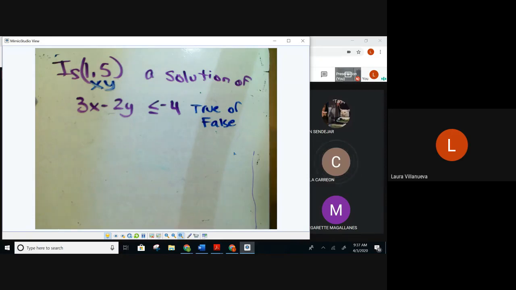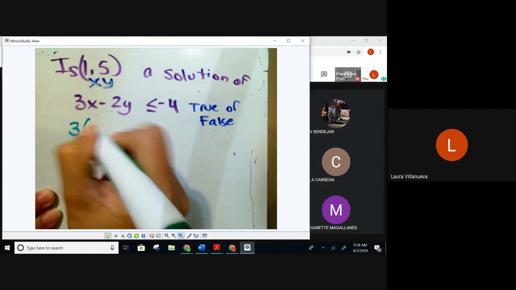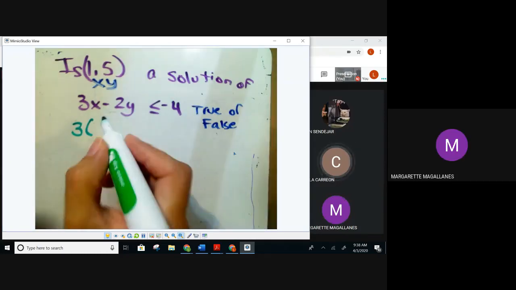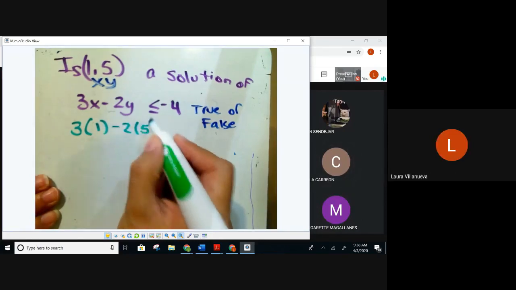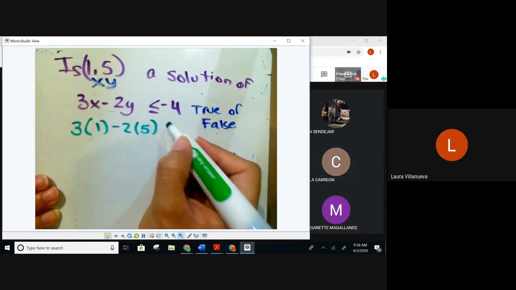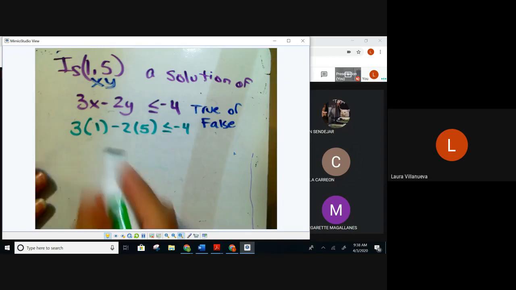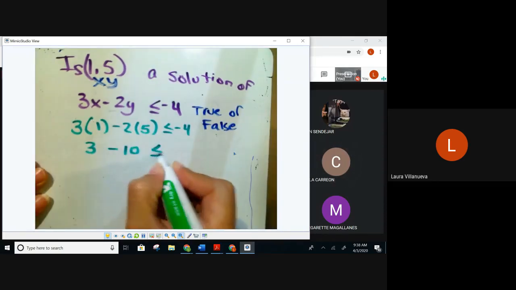Okay. So what you're going to do here is 3 times the x, which is 1, which is 3, minus 2 times the y, which is 5, less than or equal to -4. So it'll be 3 minus 10 less than or equal to -4.